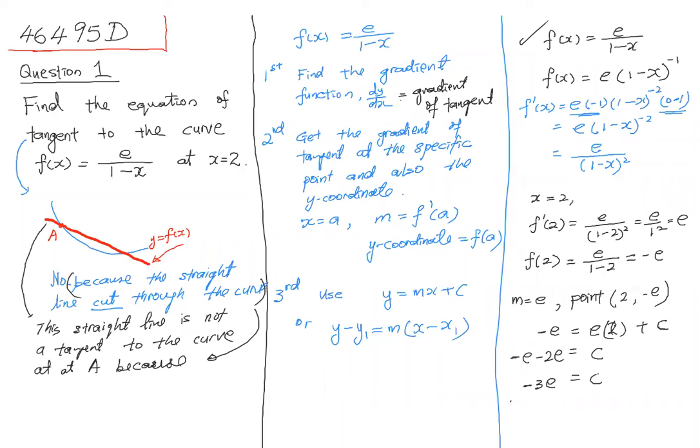So therefore, the equation of tangent is y equal to mx plus c. Done. So you have to keep training yourself doing equation of tangent, or equation of, later I will talk about another thing. So are you okay?